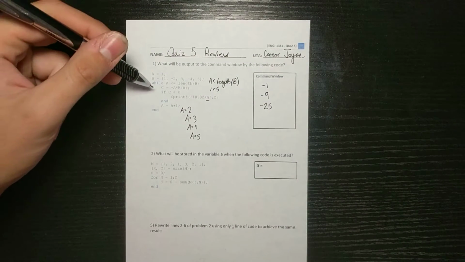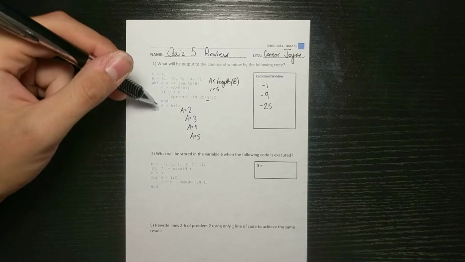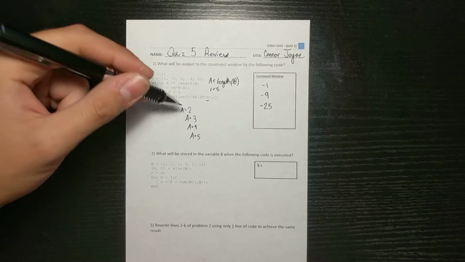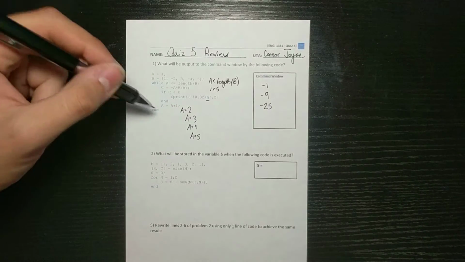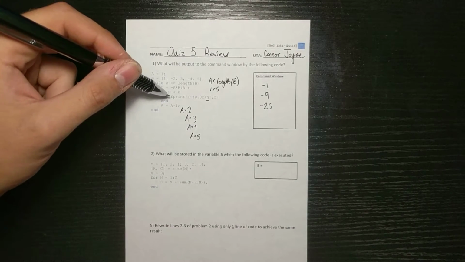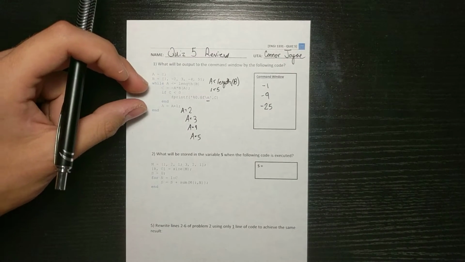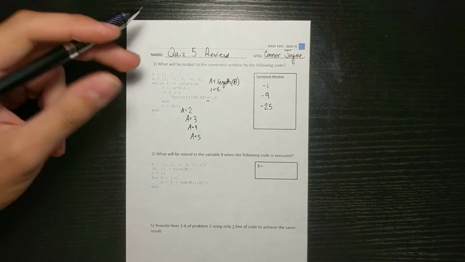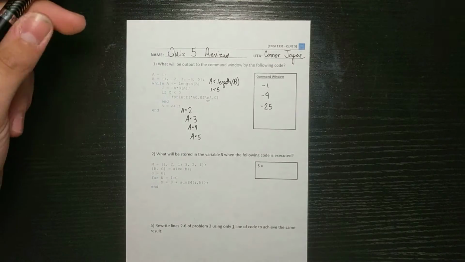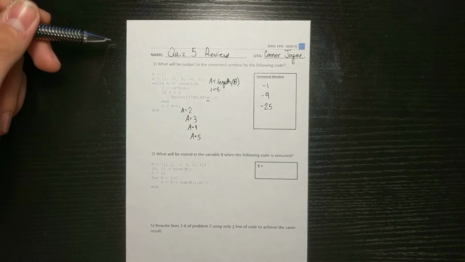Whenever you're doing while loops, just run through the loop step by step, one at a time. If you can recognize the pattern, it'll speed things up. If not, you can go line by line every time, as long as it's a smaller problem. If it's a bigger problem with for loops and while loops nested together, you need to notice the pattern more quickly.